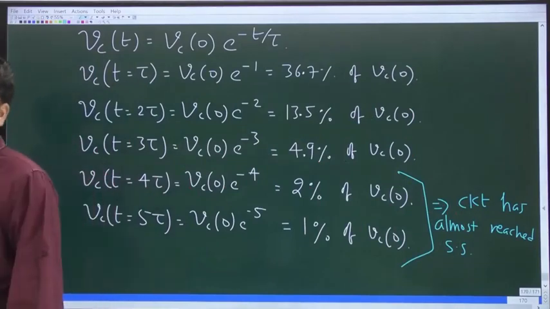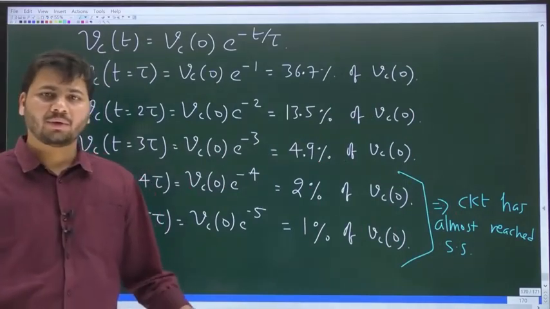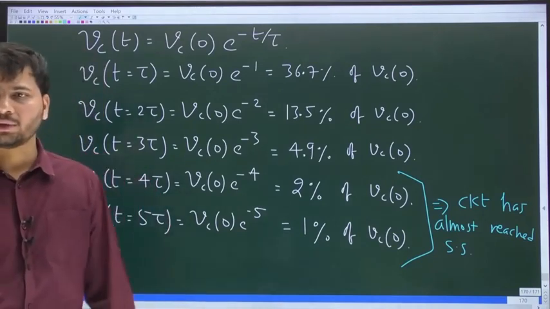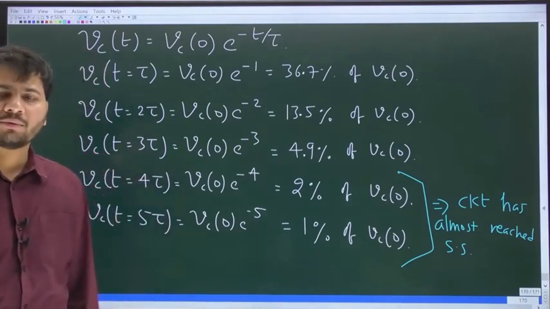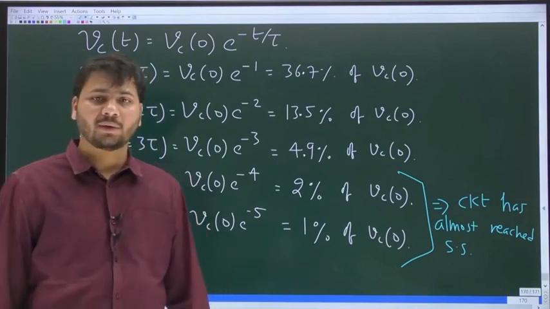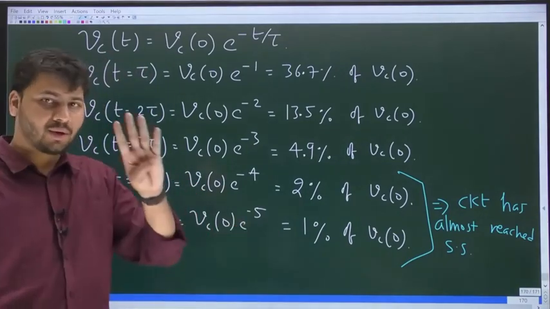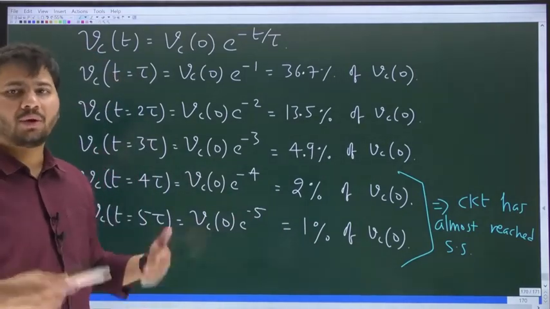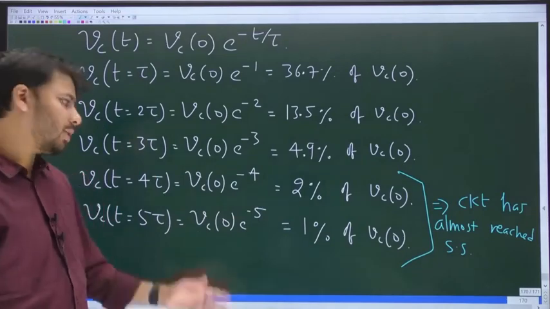So the point is, for Vc to become 2% of its initial value, the time required is 4 time constants. And for Vc to become 1% of its initial value, the time required is 5 time constants.